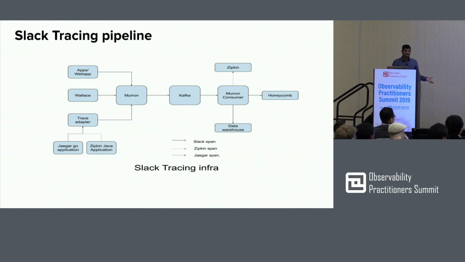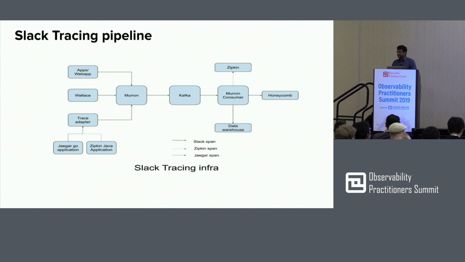The span events generated by apps are written to Muron, which is Slack's internal reliability event pipeline. An open source analogy of that would be Scribe-ish. And then we also have an HTTP endpoint for ingesting these span events called Wallace. The Wallace service takes these span events and writes them to Muron.